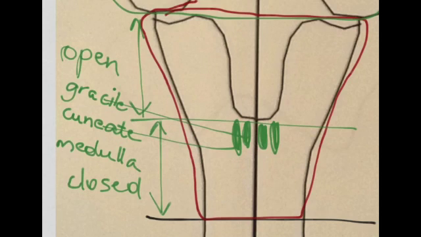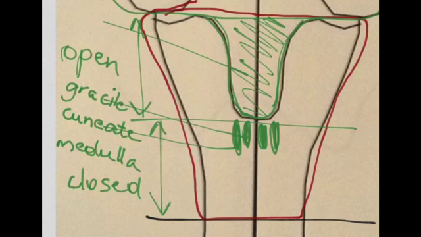As I mentioned before, in the open medulla, we have an opening, a division of the midline, forming this fossa in between the two edges, and this will be one part of the rhomboid fossa.